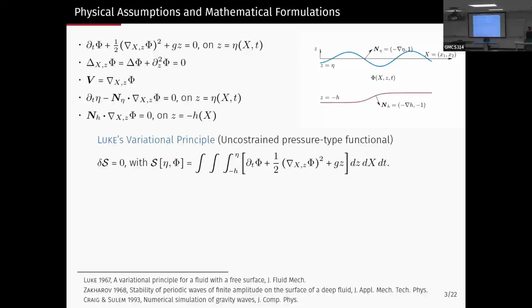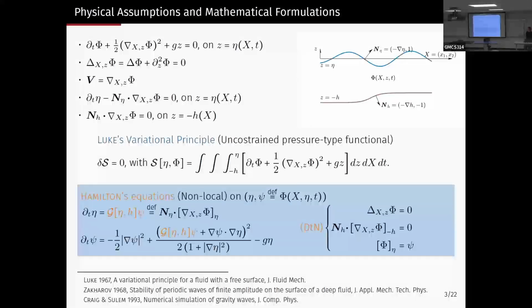This is one important result. And the second important result is that you can reformulate this problem as a Hamiltonian system. This was done by Zakharov in 1968 and further elaborated by Craig and Sulem in 1993.